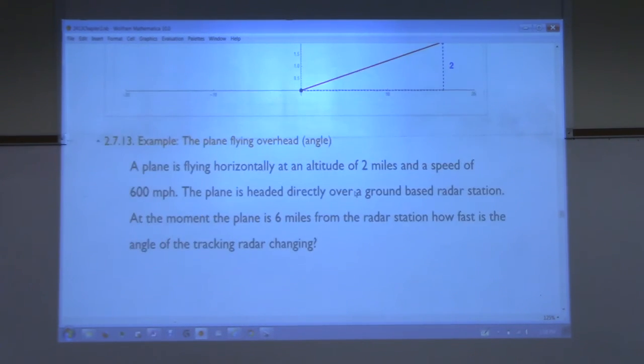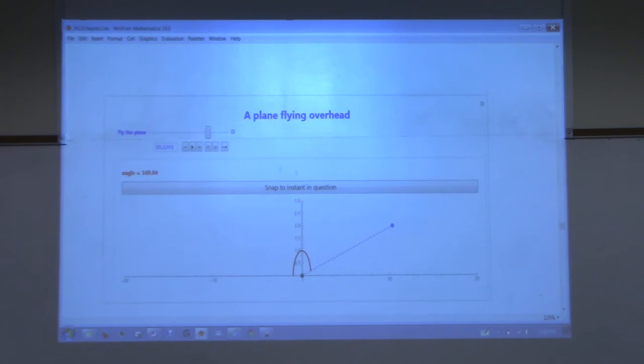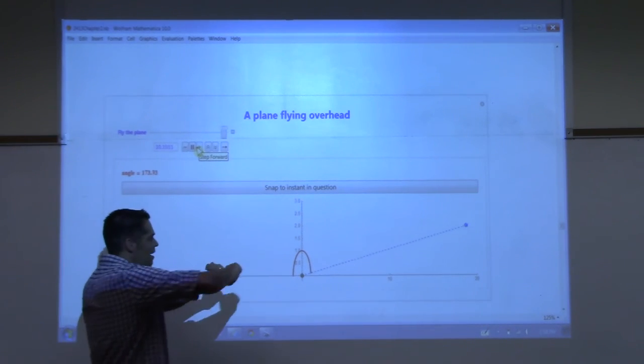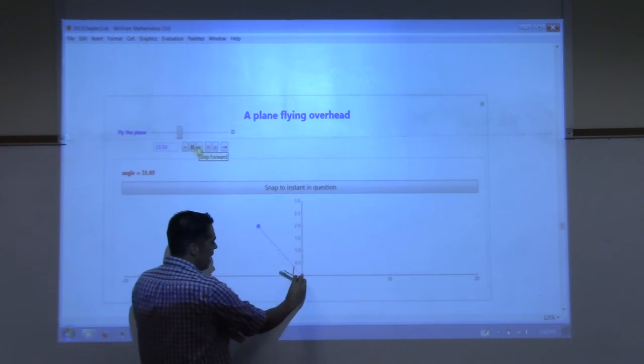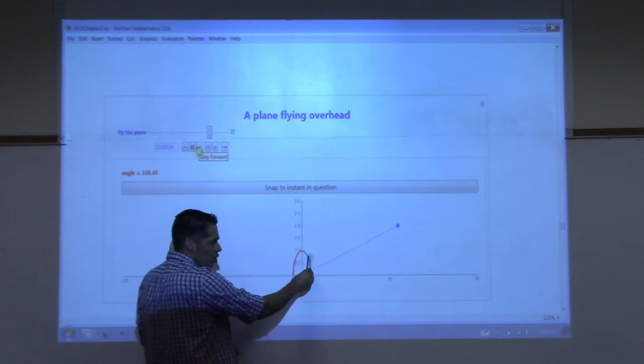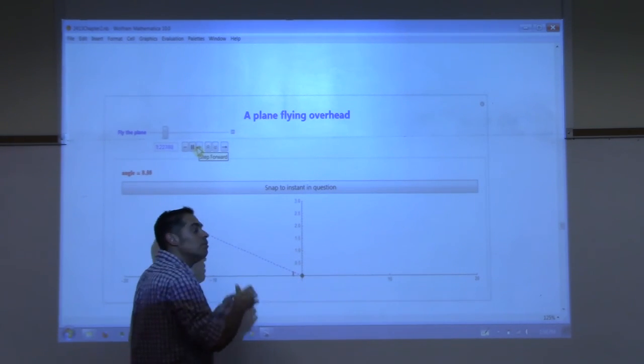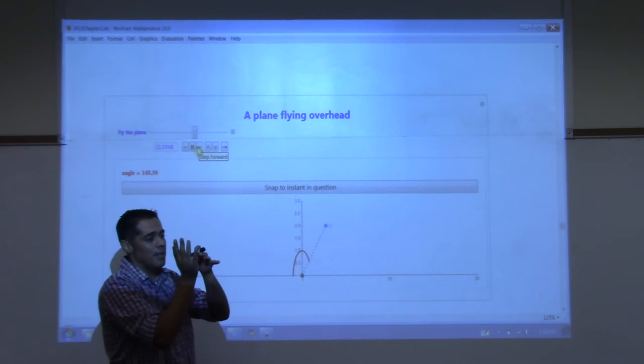Okay, this next problem is the same situation, plane flying overhead, but instead of asking how fast they were moving apart at a specific instant, it asks how fast you are turning your head to keep up with that.